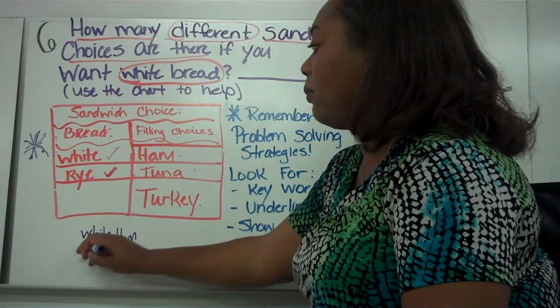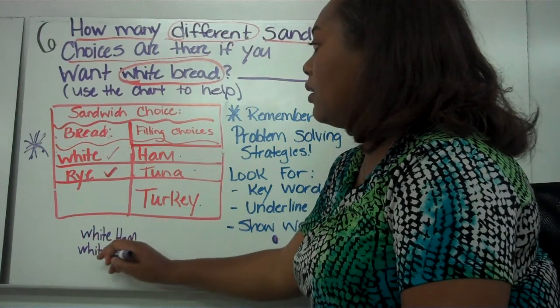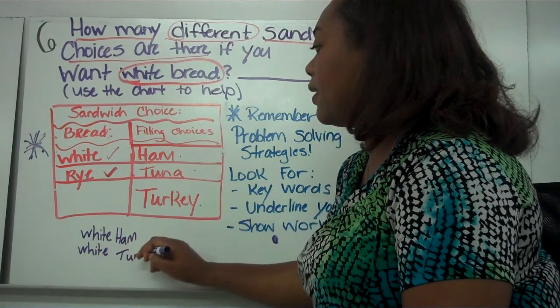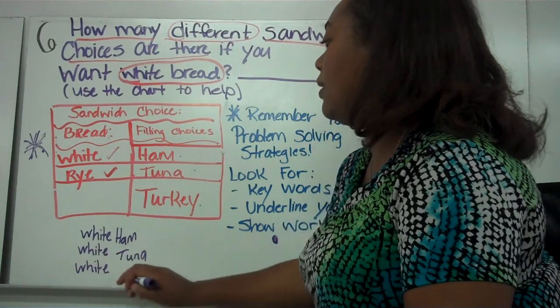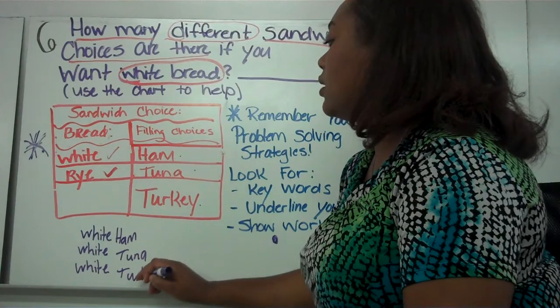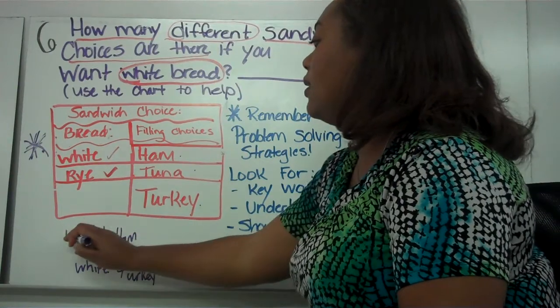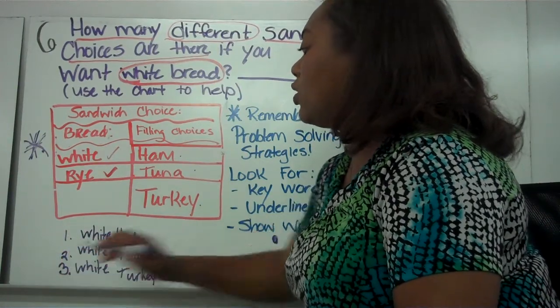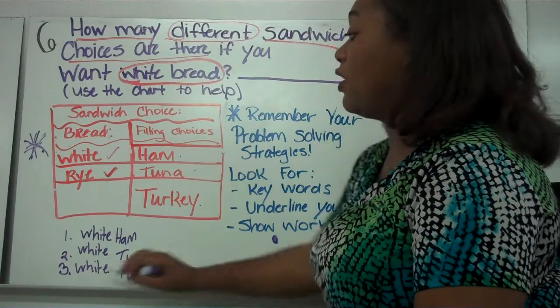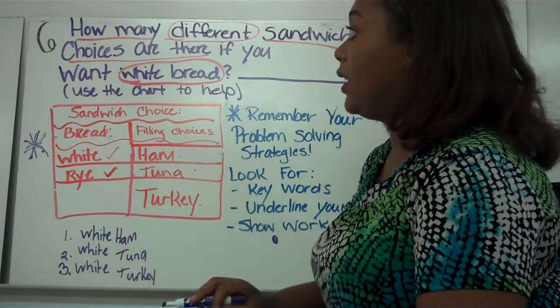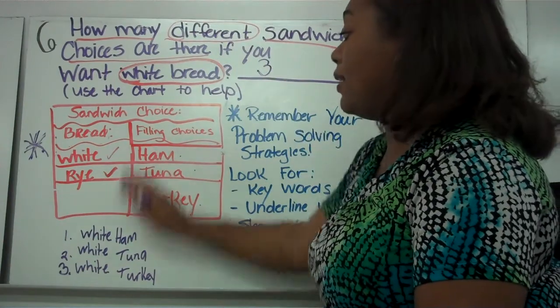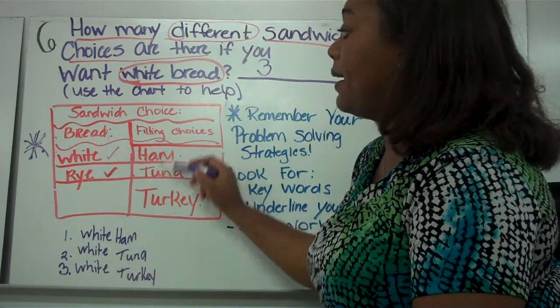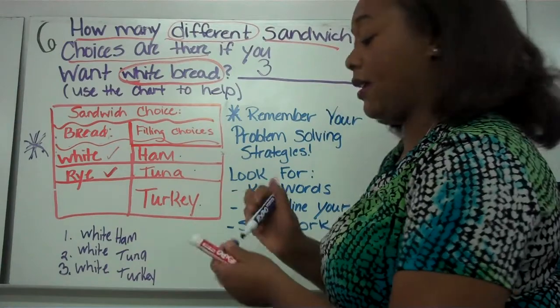I can have white bread with tuna. I can have white bread with turkey. So, there's three different choices that I can make with white bread and my fillings. So my answer would be 3. Do you see how when I made a list of all the possible combinations that I can make?